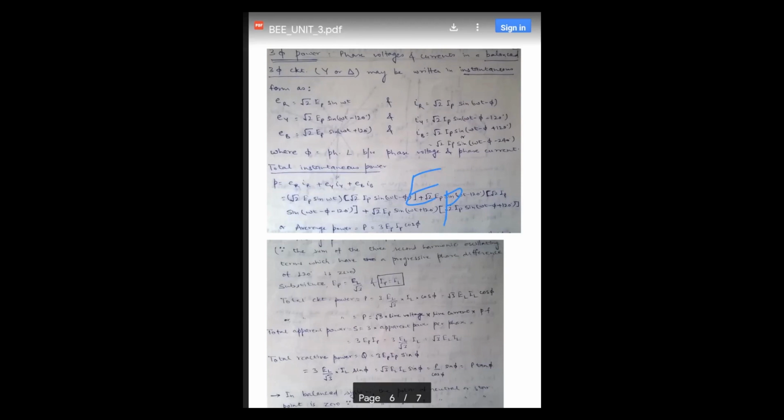Okay, so in the single phase system, we come across this formula Em sin omega t or Vm sin omega t. To express this in terms of the RMS value, we multiply it by root 2, because we know that the RMS value is equal to Em by root 2.